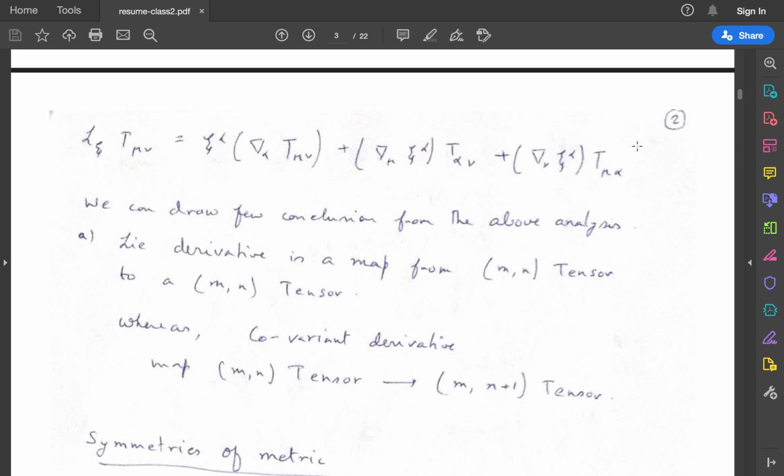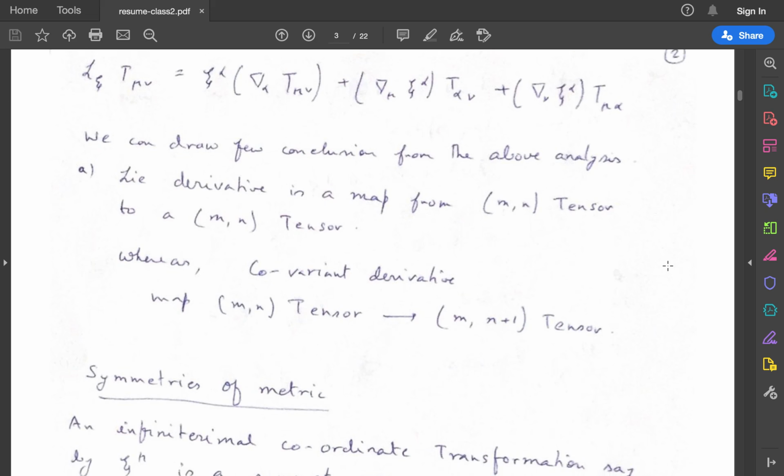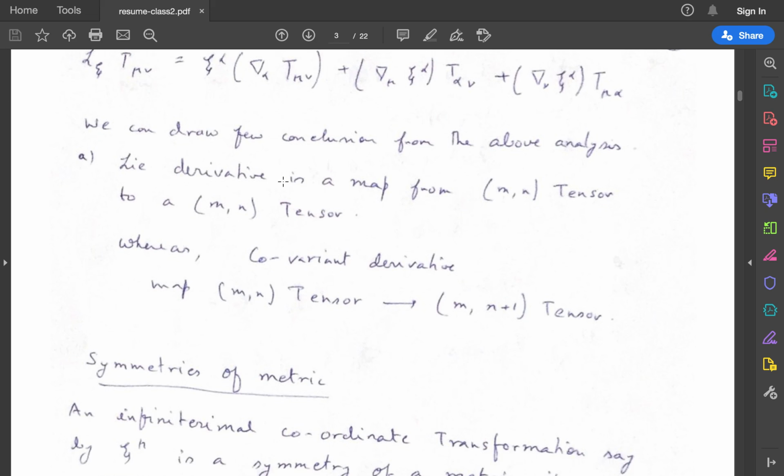Now once we have defined the Lie derivative, let us draw a few conclusions from the above analysis. One of the most important conclusions is that the Lie derivative maps an (m,n) tensor to an (m,n) tensor. It takes a tensor of rank (m,n) to a tensor of the same rank.